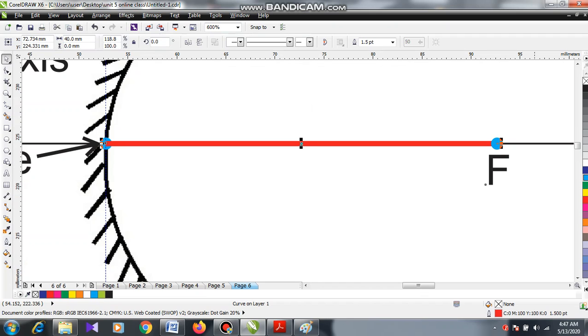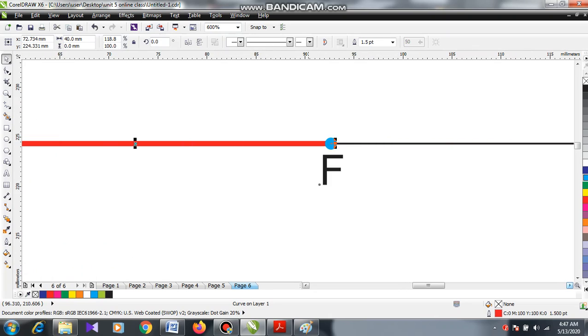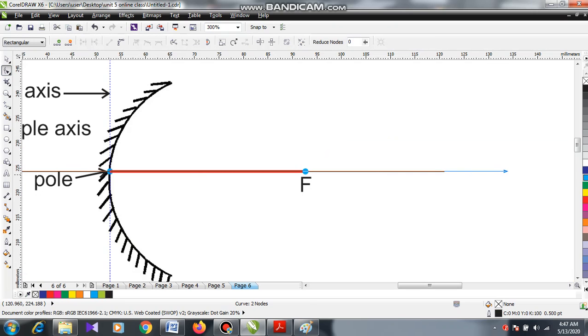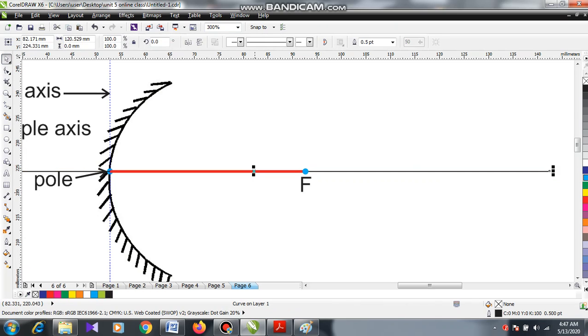Now, from the focal point, I'm going to take another 4 centimeters. So this is the focal point. I took 4 centimeters. From there, I am taking another 4 centimeters.